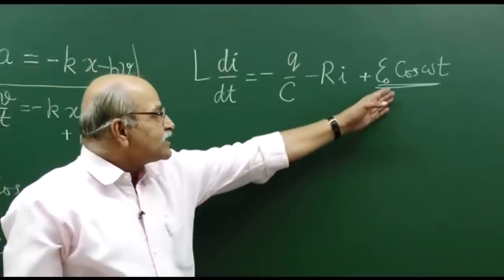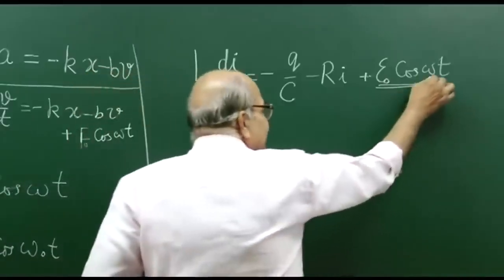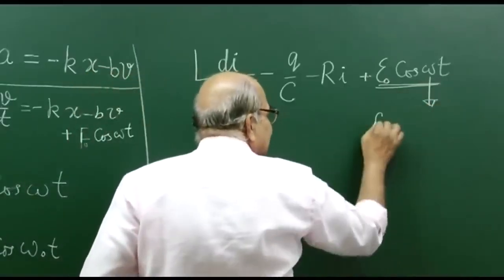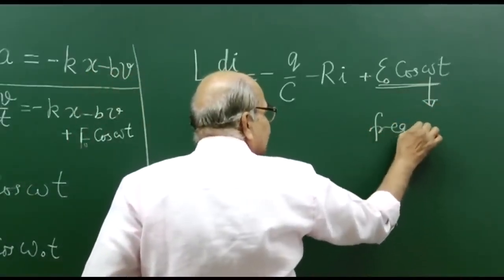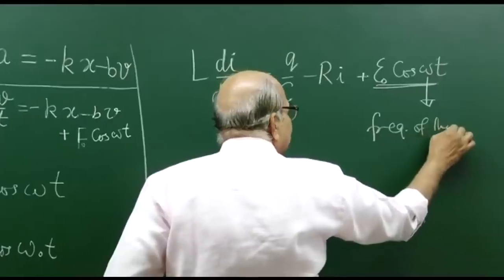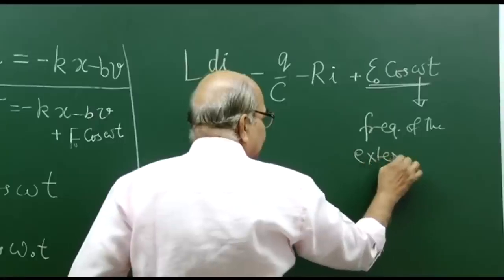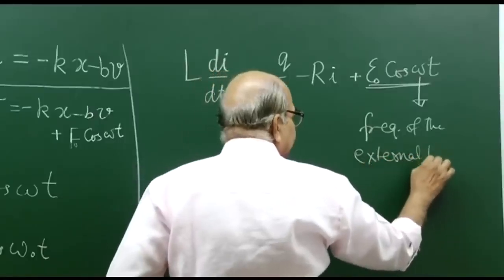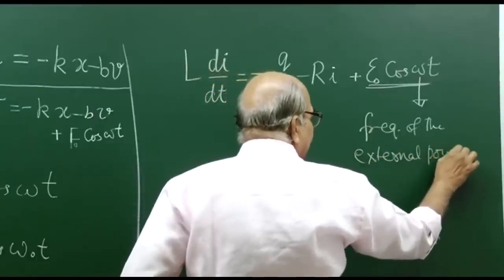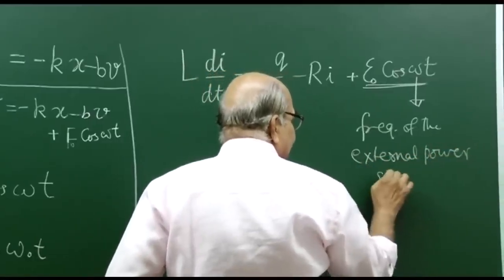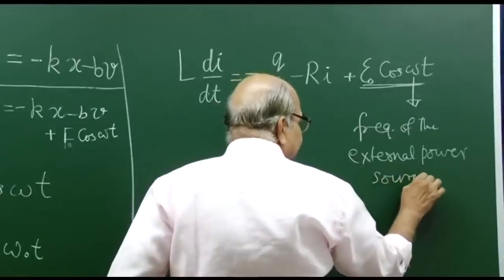So, this is that external thing. This omega is now the frequency of the external power that we are feeding, the external power source, whatever we are adding to the circuit.